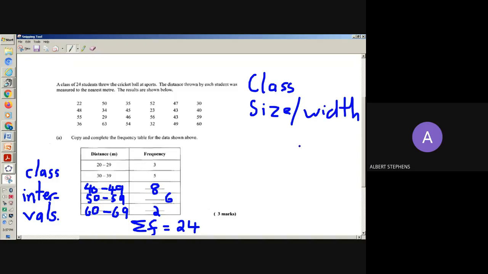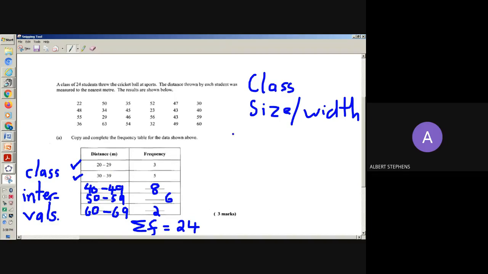To get the class size or width, we subtract two successive class intervals. This is one class interval, this is another successive class interval. Successive means one follows directly after the other.